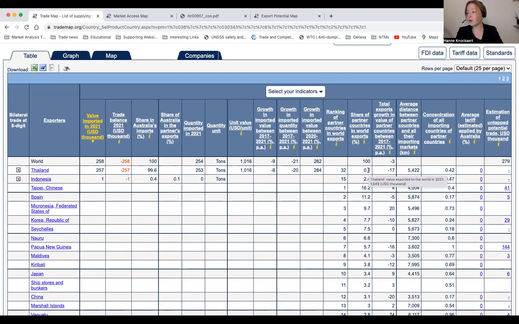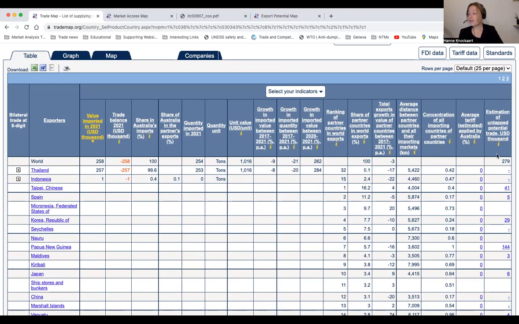It only has 0.1% of the world's export share. And its exports are declining at -17% at a global level over the last 5 years. So Thailand is not doing great regarding this fish.